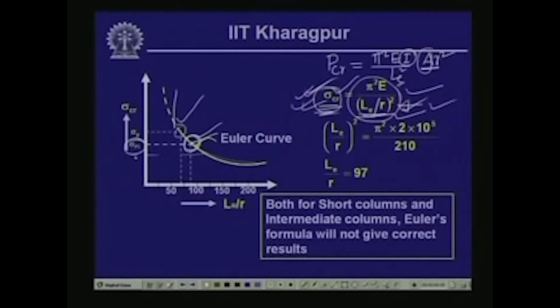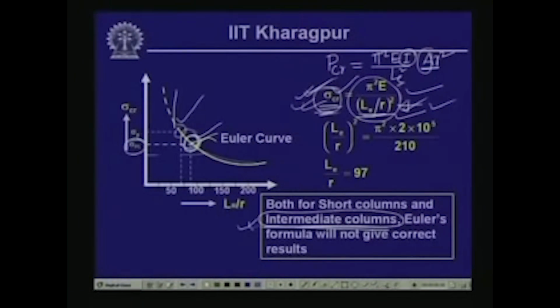Now, in between the state of short column and the state of long column, we get a set of columns which we normally designate as intermediate columns. Intermediate columns are the ones which may fail by a combination of yielding and buckling.